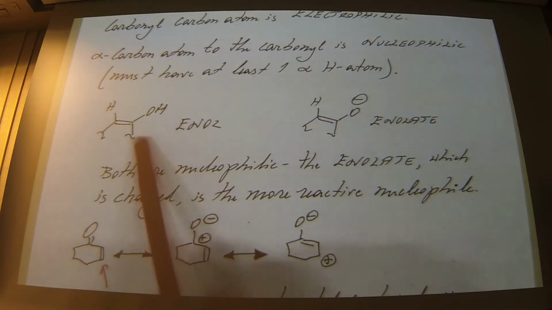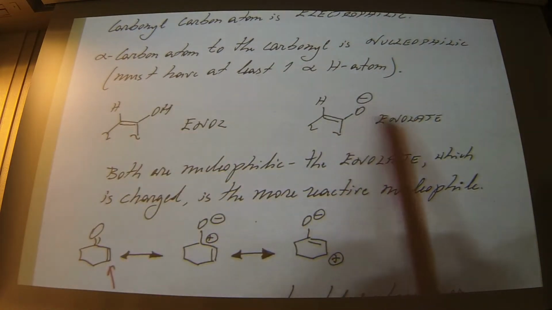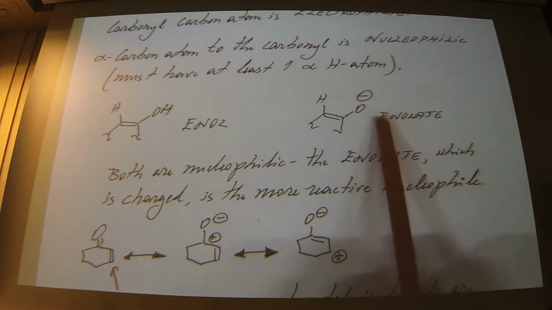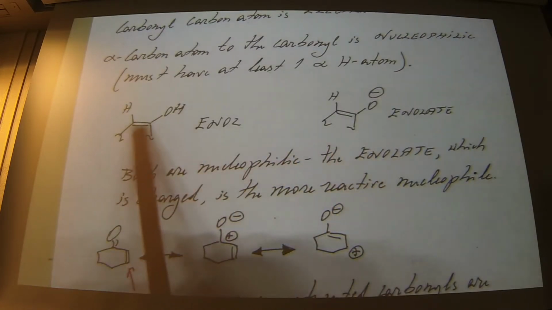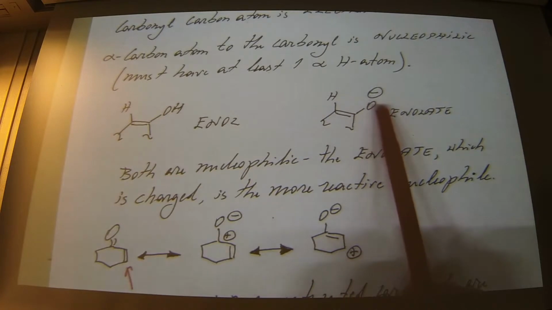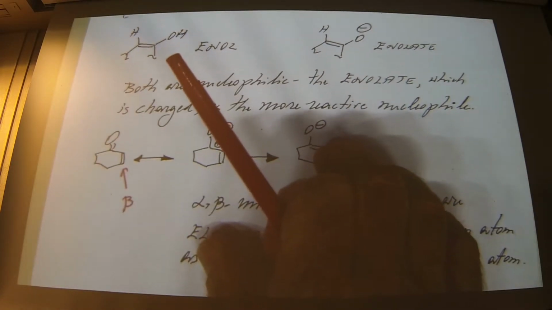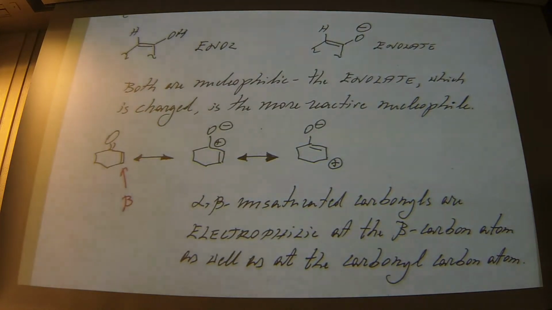Now, the enol is the conjugate acid. The enolate, the minus sign always means negative charge, is the conjugate base. Which of these two is a better nucleophile on the carbon? Well, the negatively charged one, for reasons that we talked about when we discussed SN2 chemistry. Remember when we talked about substitution chemistry? What did we say about nucleophiles?